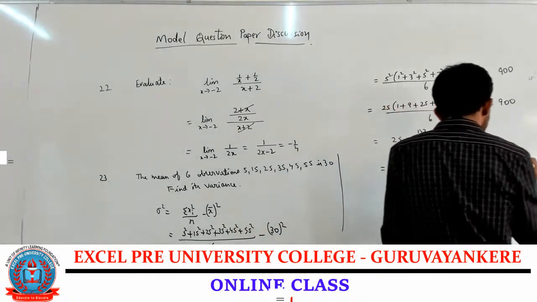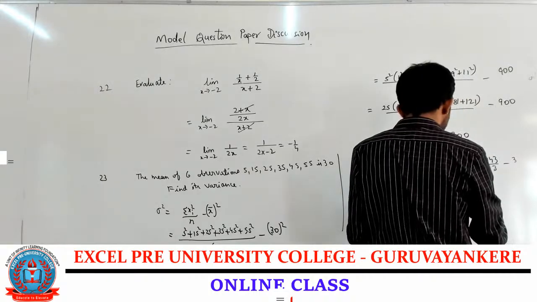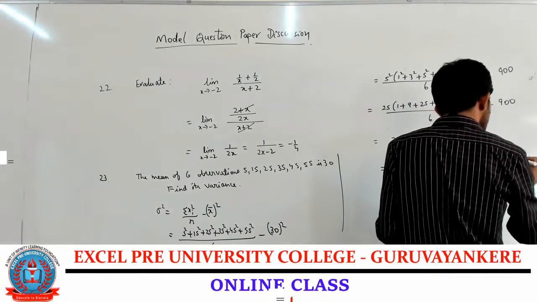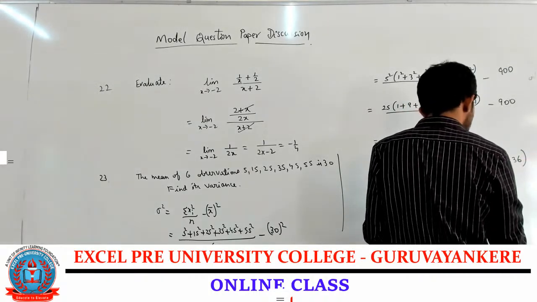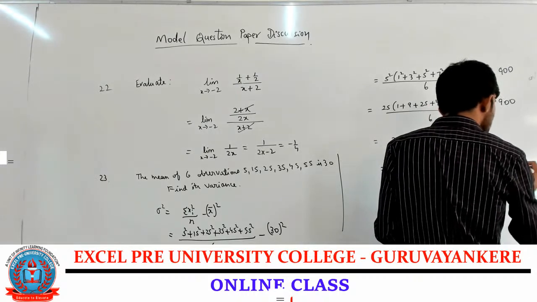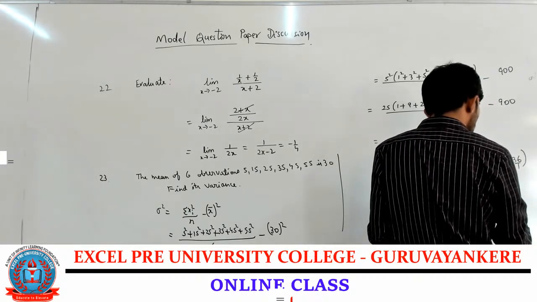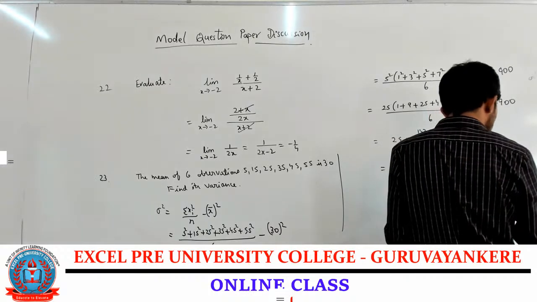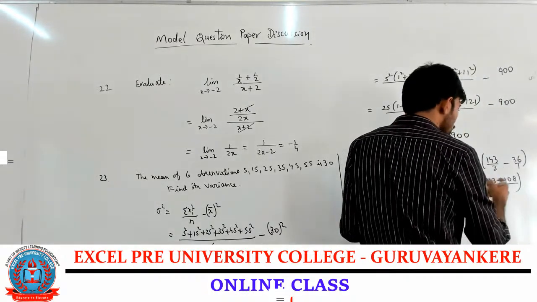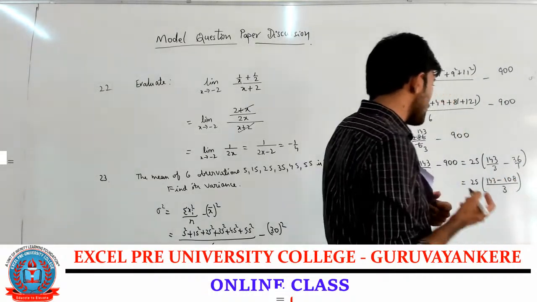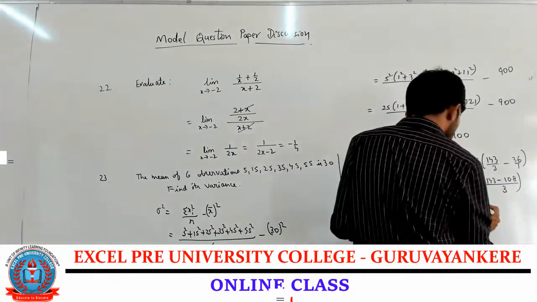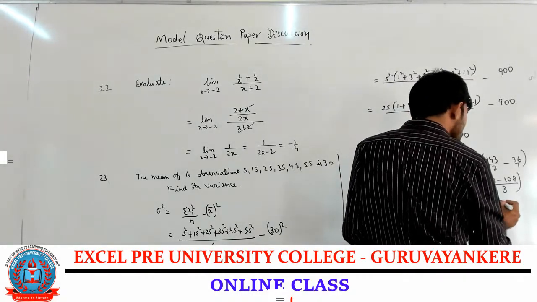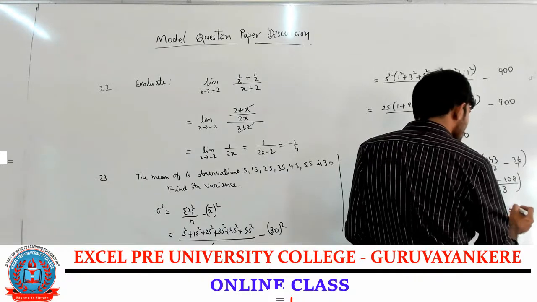25 into 3 is 75, 36. Simplify this. Take common denominator 36. 143 into 1 is 143, 36 into 3 is 108. 143 minus 108 is 35. So what we get is 25 into 35 divided by 3.